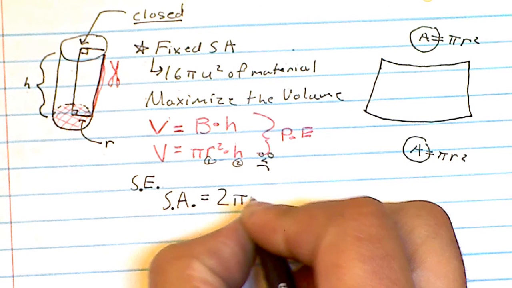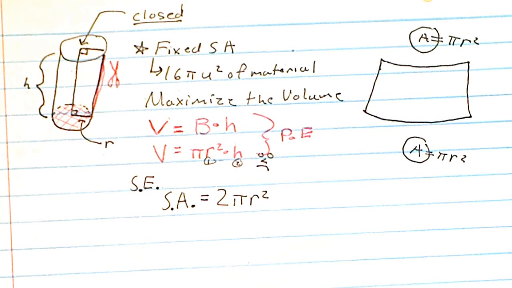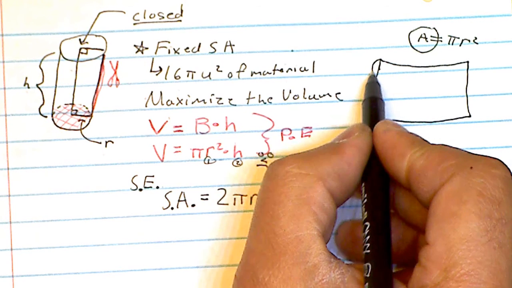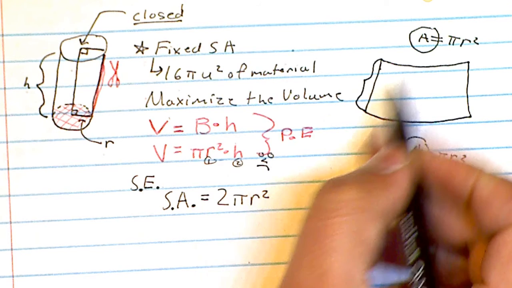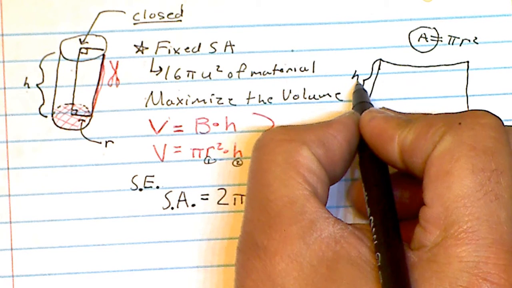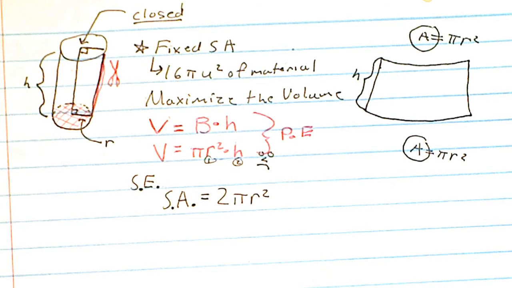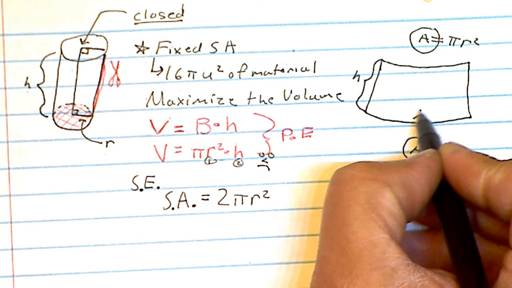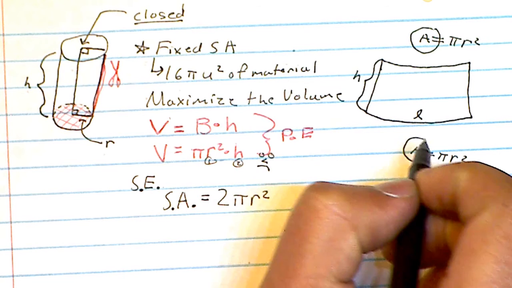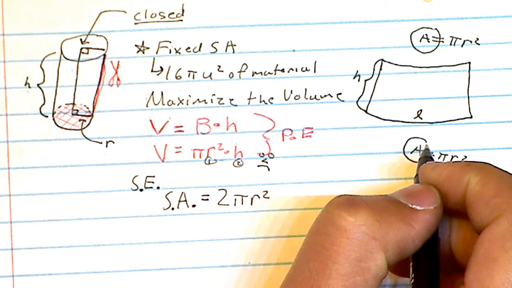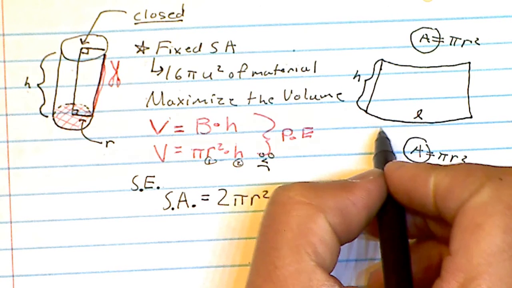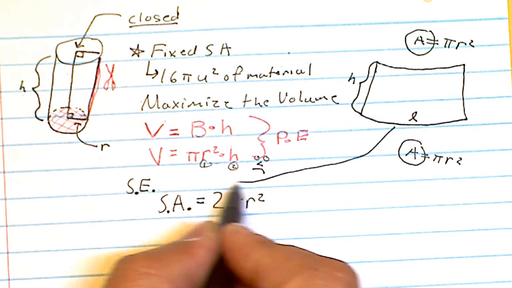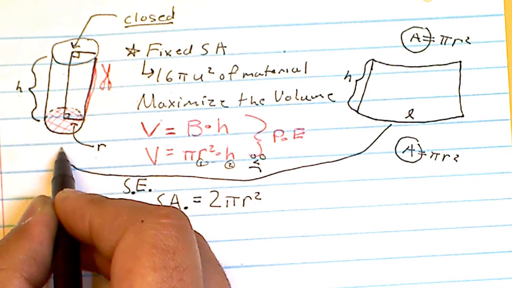Now, I know this piece is the height. But the problem is, if I call this piece the length, then I'm in trouble, because I've instituted another variable. Bad. So what we do is we look back over here and ask ourselves, what is the length?